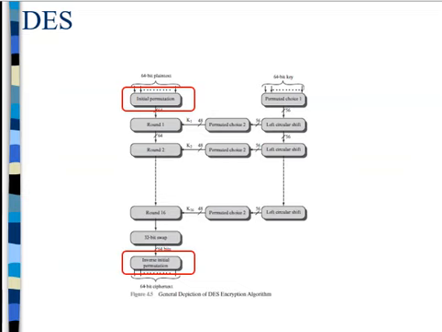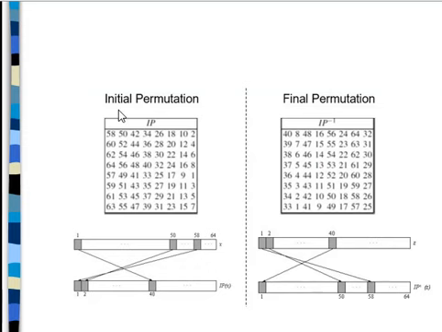But how could this happen, or in a general way, what can we do in each step? The first one is the initial permutation. As you can see in this slide, you can see our initial permutation, and you can compare it in a general view.